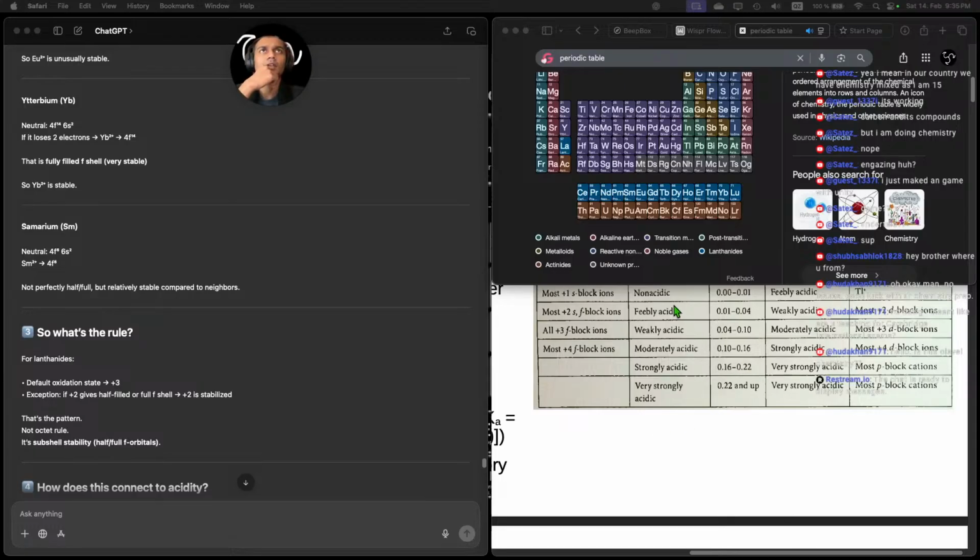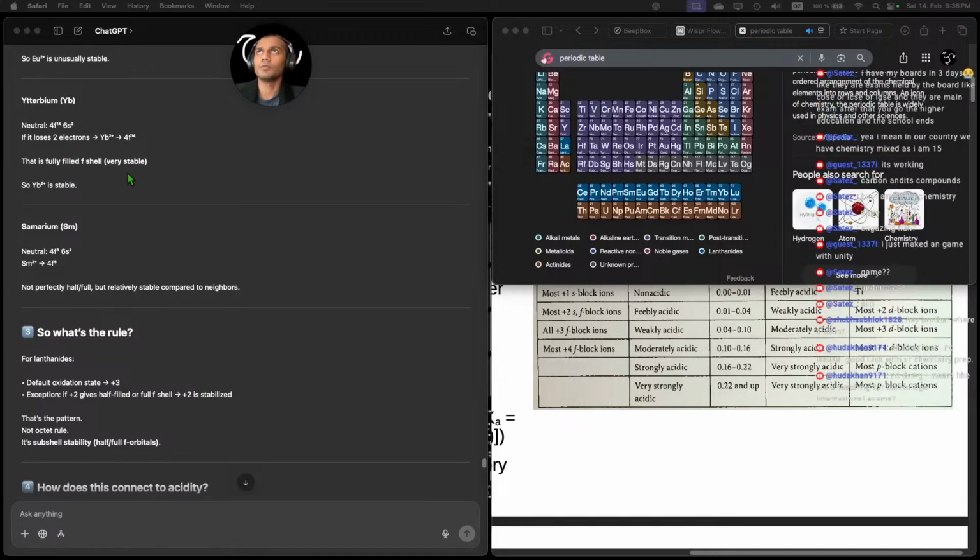The blue one, okay. This is a fully filled f shell. Very stable.